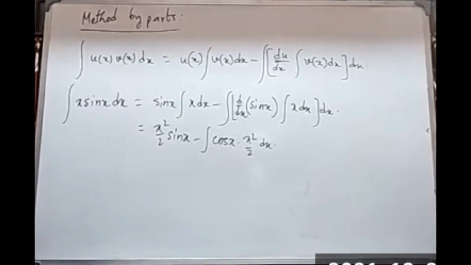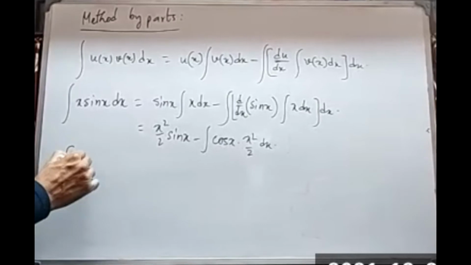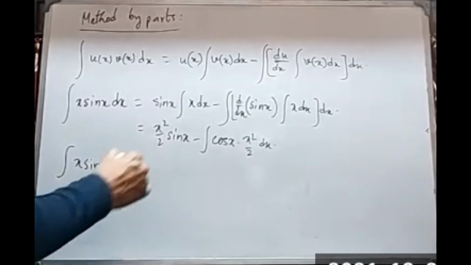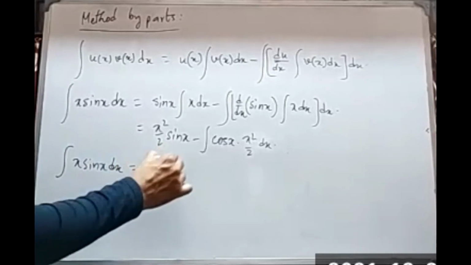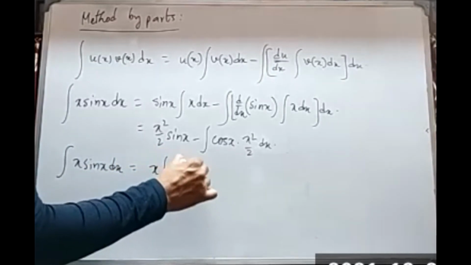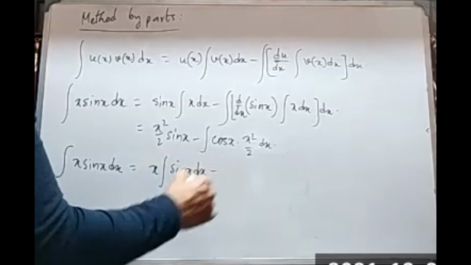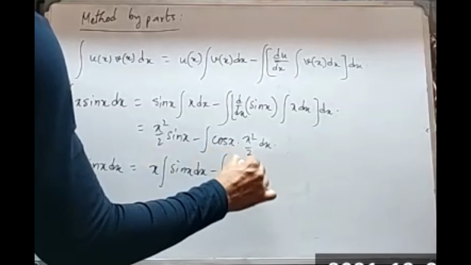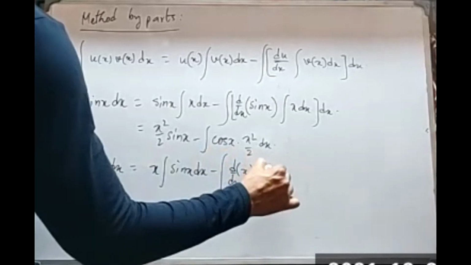So if we do the same integration, but now suppose we are keeping x outside and integrating sin x, then let us see what happens. Here it is d/dx of x, integration of sin x dx.